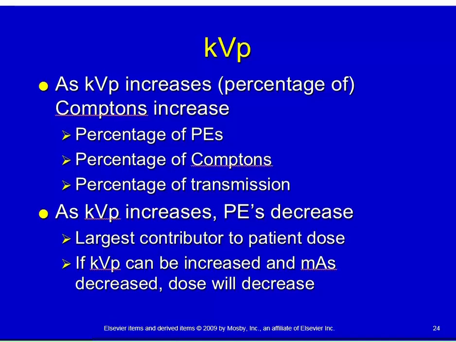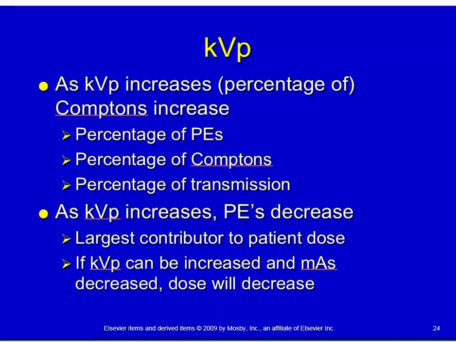So even inside of the patient's body, it doesn't penetrate through a lot of things. So the highest number of X-ray photons being at 33 kVp at the average, a lot of those are going to absorb inside of the patient. So as we increase our kVp, the absolute number of photoelectrics increases, but the percentage of what's left penetrates through the patient at a higher rate than what they would at low kVp.